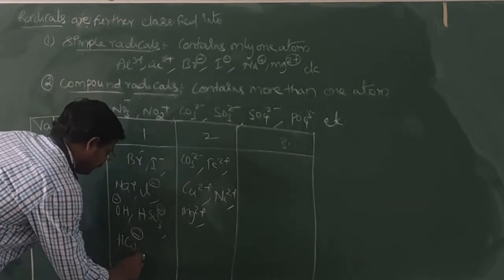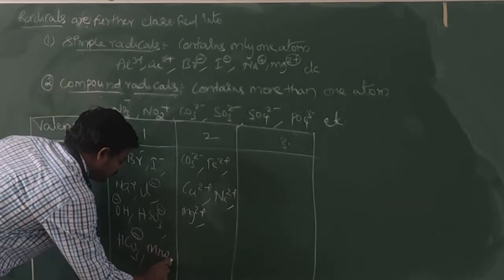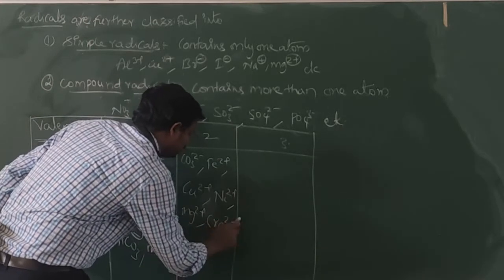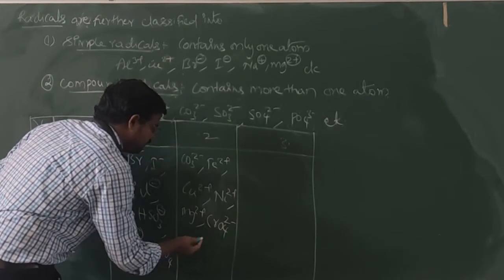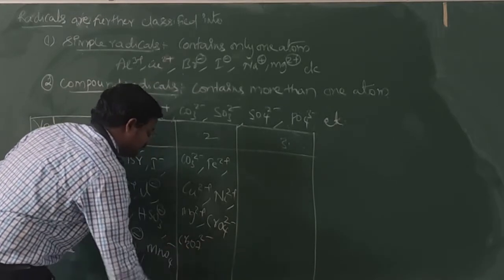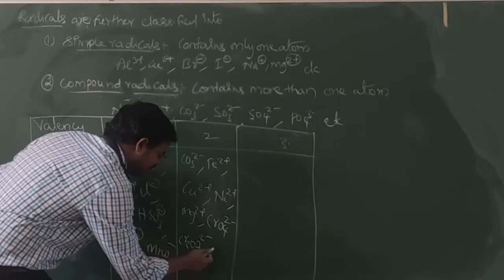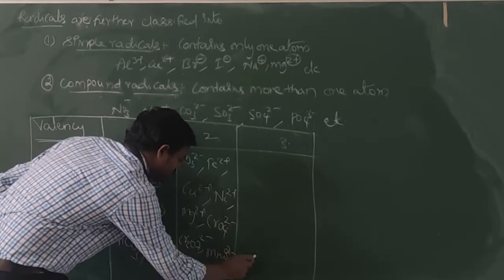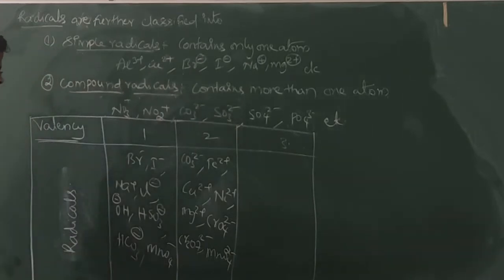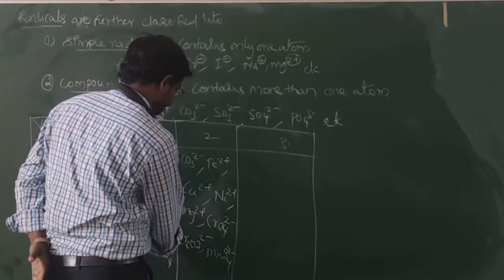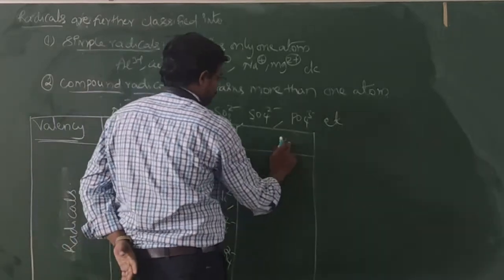Here we can also write chromate ion CrO4 2 minus, dichromate ion Cr2O7 2 minus, and manganate ion MnO4 2 minus.